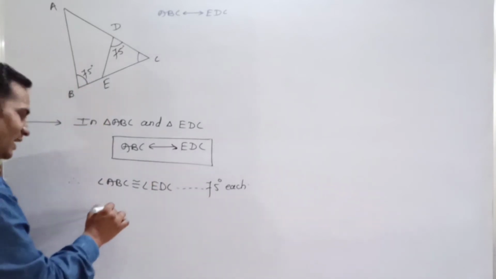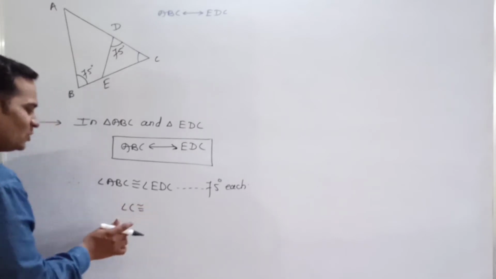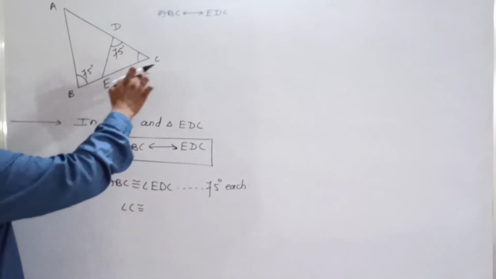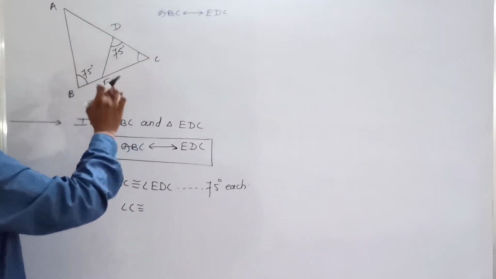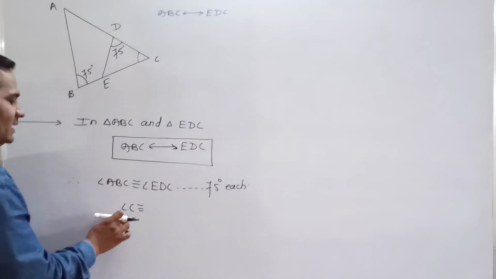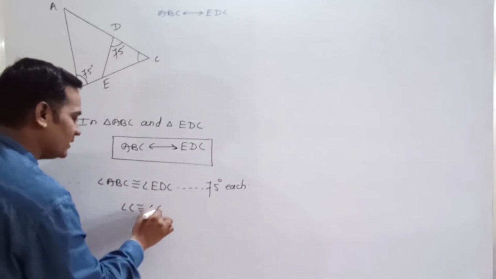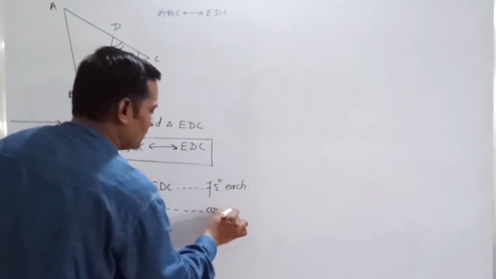Now look at the other angle, angle C. We can write only C, or instead of this C you can write BCA, or DCE in case of triangle EDC, but we can use angle C congruent to angle C, and the reason is common angle.